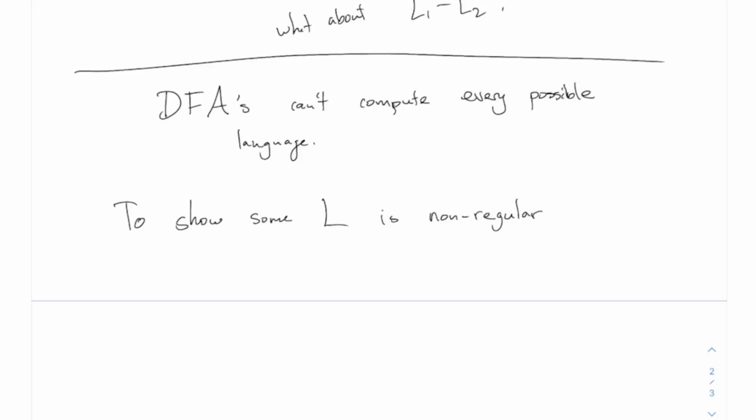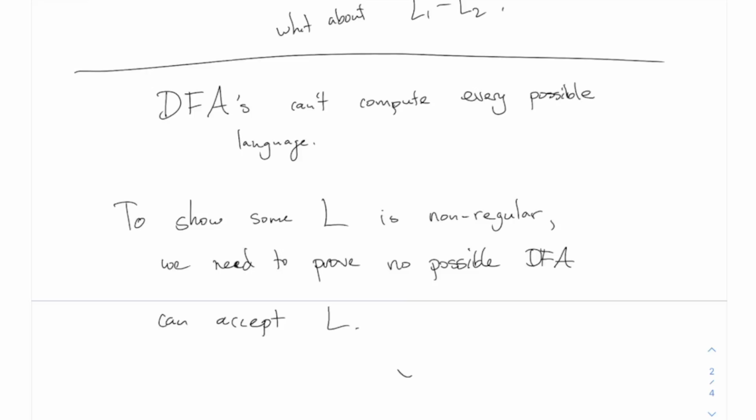So you have to somehow imagine any possible DFA and then demonstrate that that DFA cannot generate this language. To show some L is non-regular, you need to prove that no possible DFA can accept the language L.